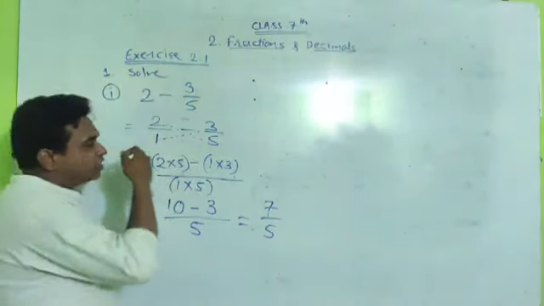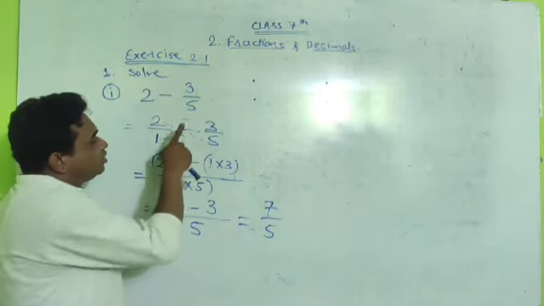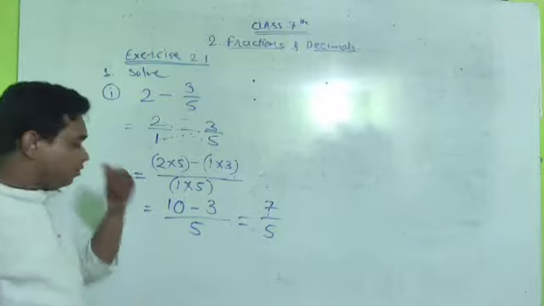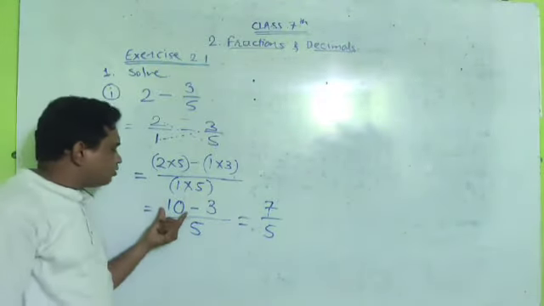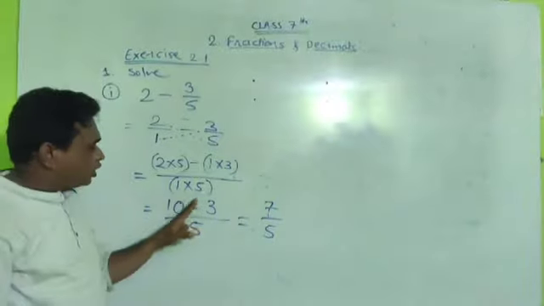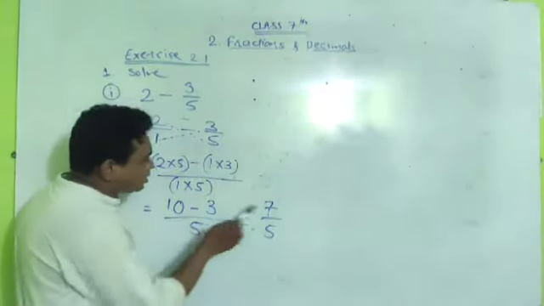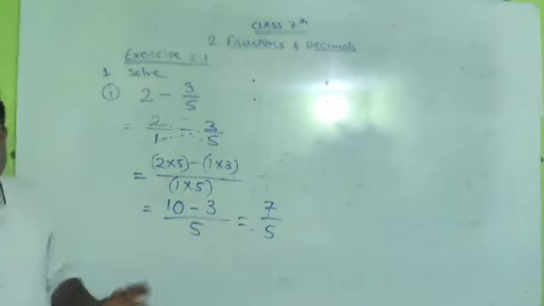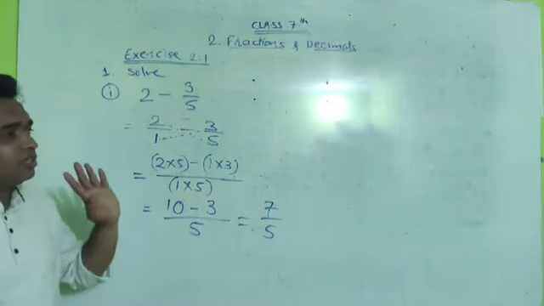Make a cross multiplication, 2 into 5 in a bracket. After that the subtraction, minus 1 into 3 as it is. 2 into 5 is 10, negative sign as it is, 1 into 3 is 3, upon 1 into 5 is 5. And 10 minus 3 is equal to 7. 7 upon 5 is the last, simplified answer of the given term.